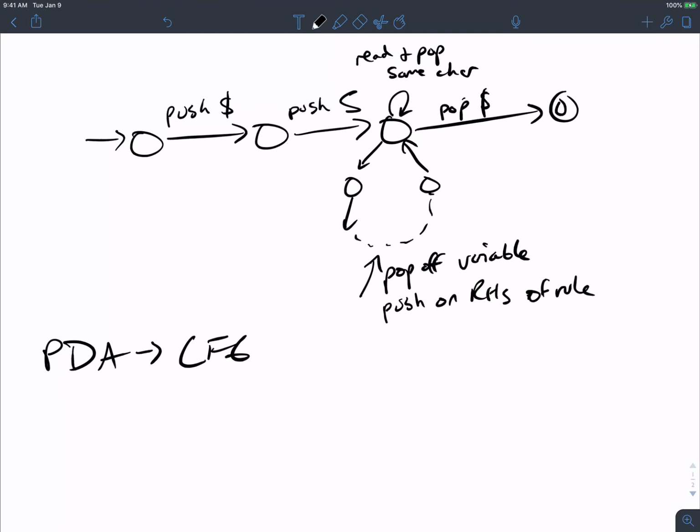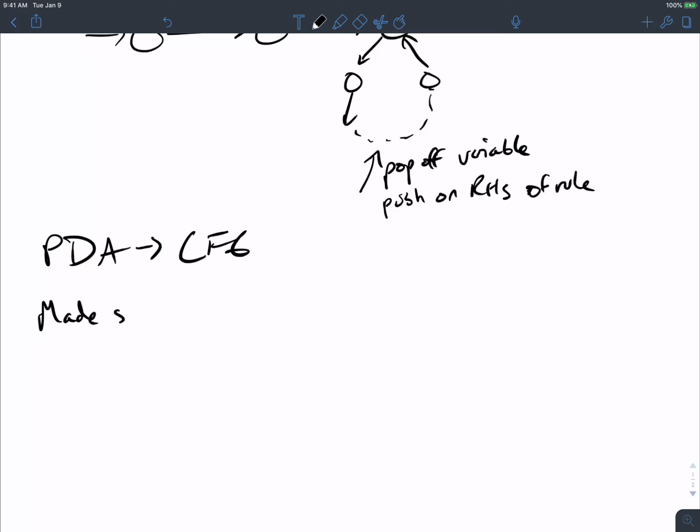And what were the things that we talked about last time to get started? What did we first do to the PDA to make it a little easier to work with? There was some simplification we did, something to do with the final states. Yeah, so we made sure that the PDA has exactly one final state.